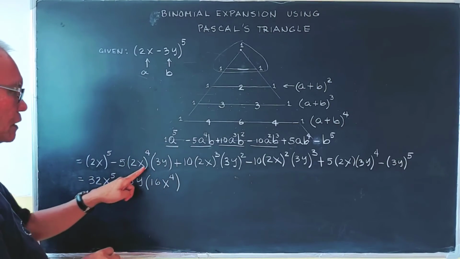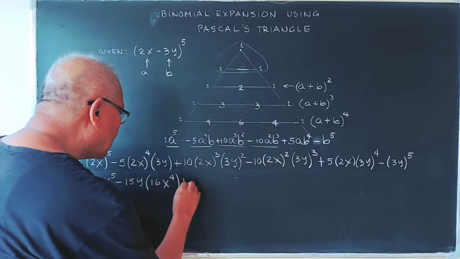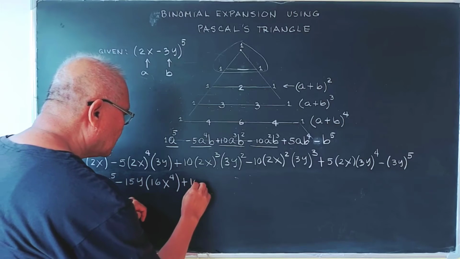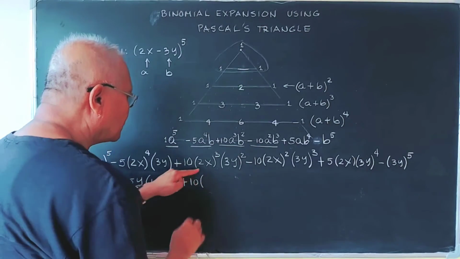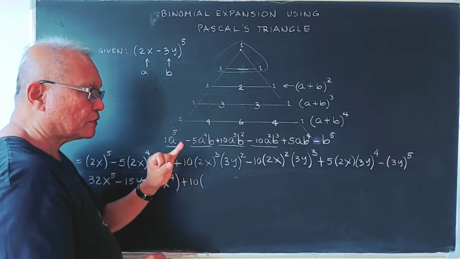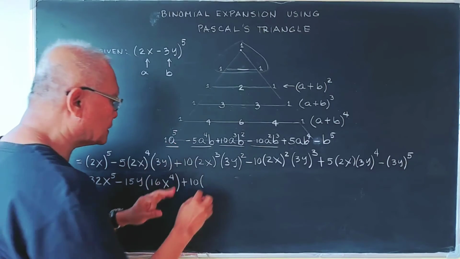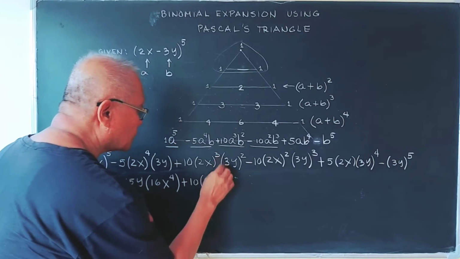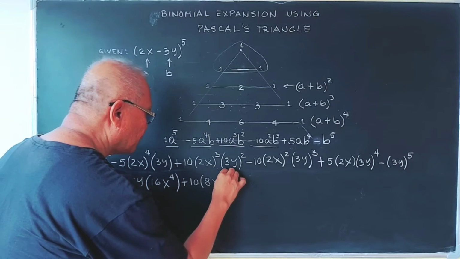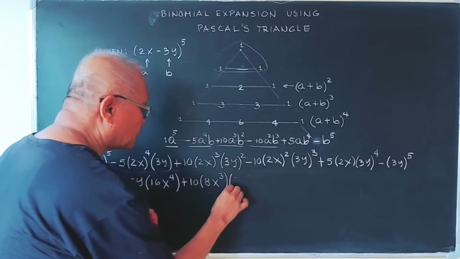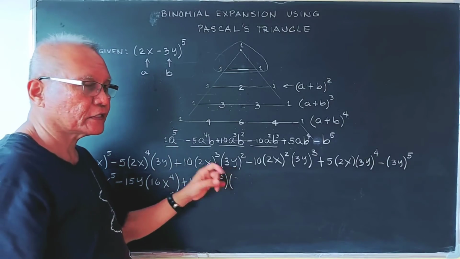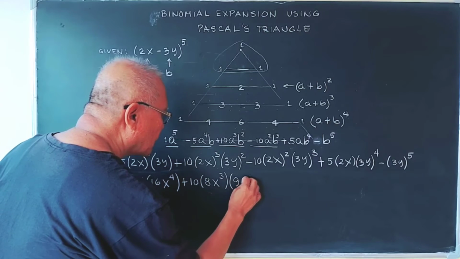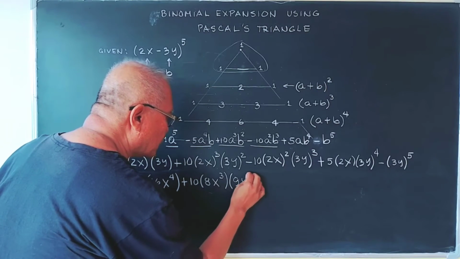Here, this one. Plus, let us write first the 10 here, times 2x cubed. 2 times 2, 4 times 2 is 8 x to the 3rd times 3y squared is 3 times 3 is 9, and then y times y is y squared.